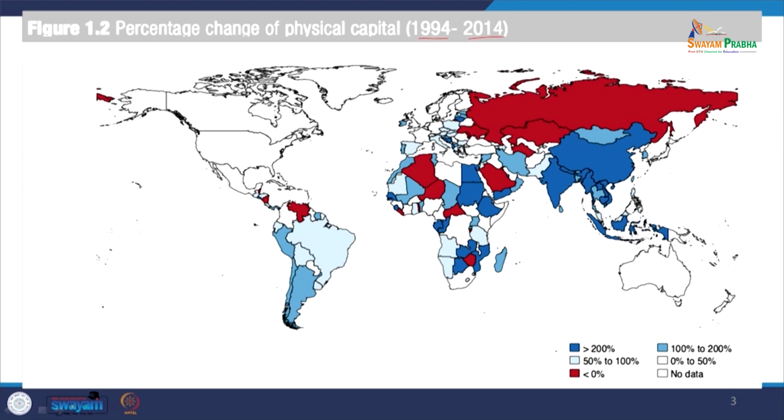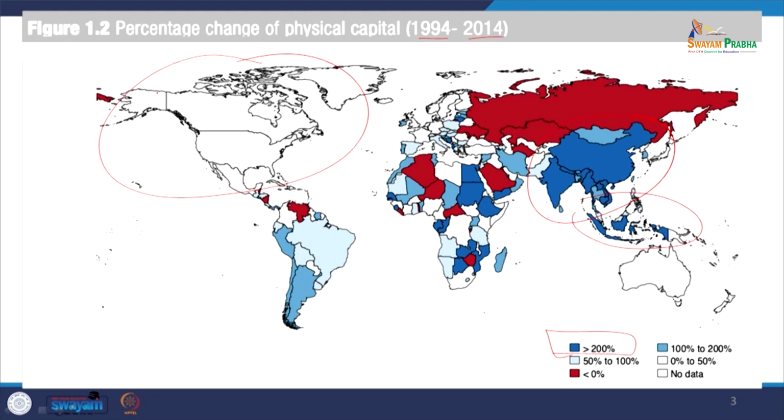A rise of 200% and more in capital stock was experienced in India and China, similarly in some Southeast Asian countries as well. Whereas Russia and even those countries that claim to be developed have a very negligible change in physical capital stock over this period, as presented by the UN statistics.